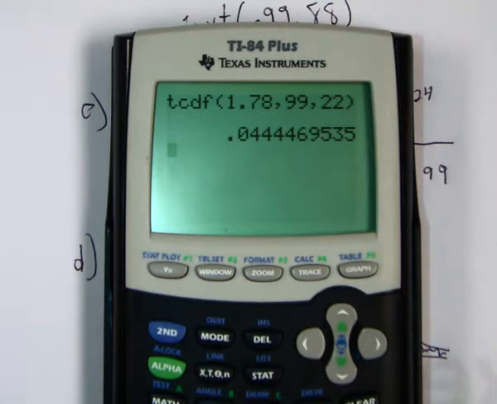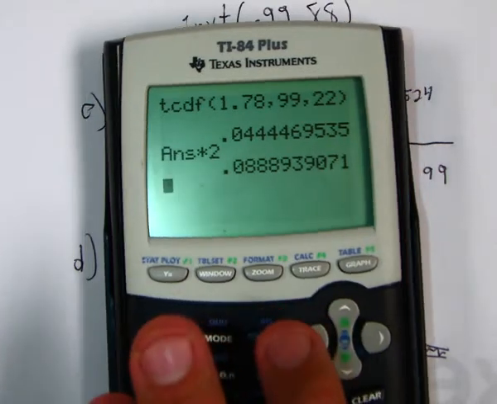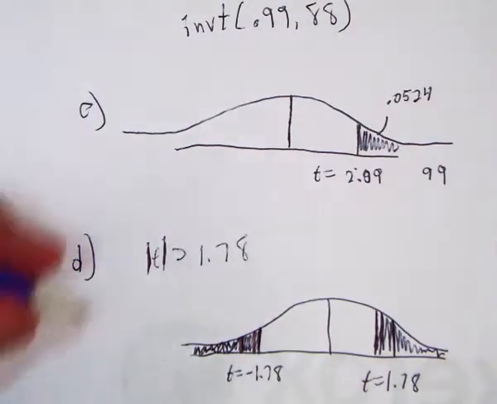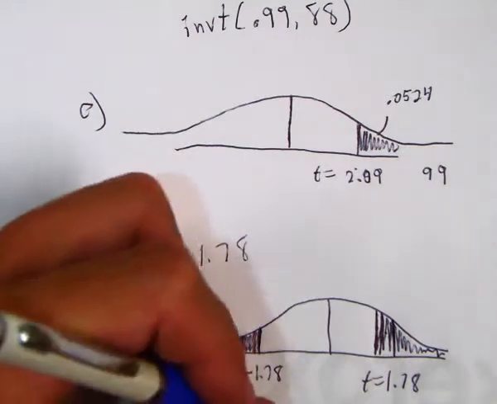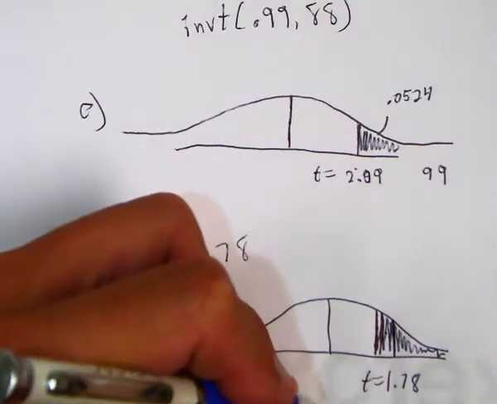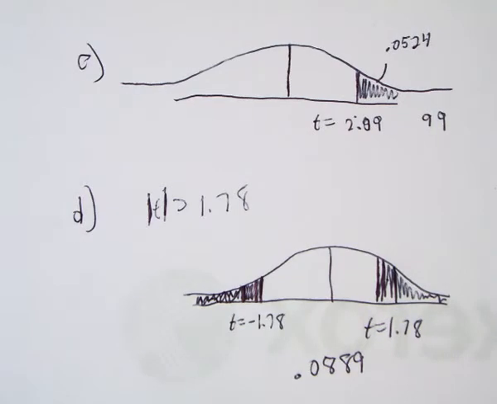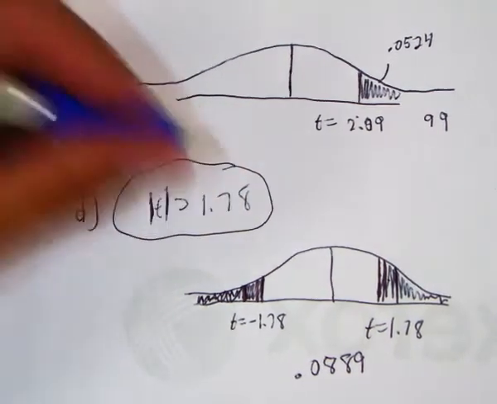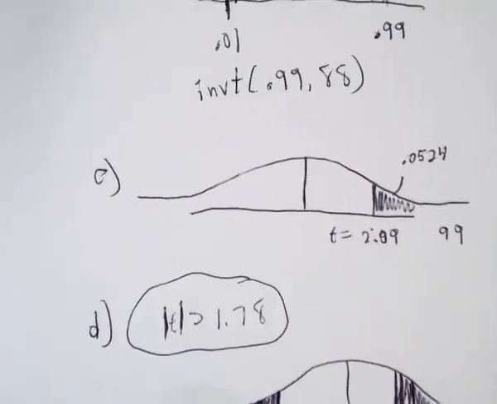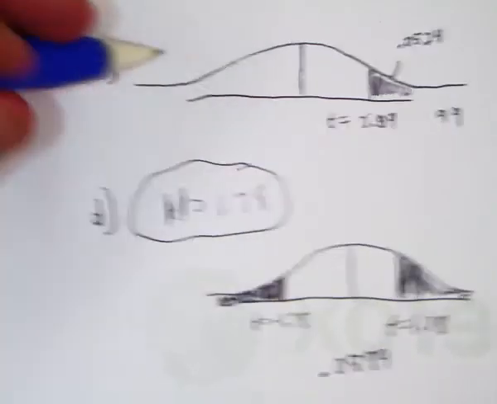So we just take that 0.044 and we times it by 2, and we get 0.0889. Okay, so this area plus this area would be 0.0889. Okay, and that's what that answer would be. So all that means is a two-tailed test. Whenever it's just one, like it was in C, then it's a one-tailed test.